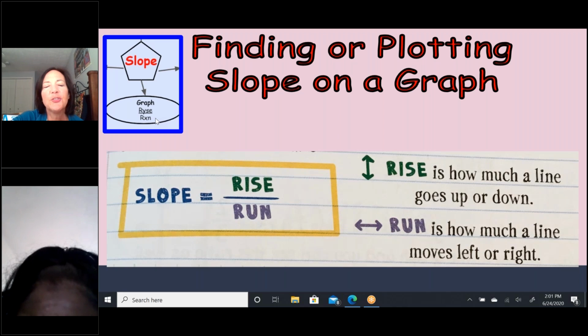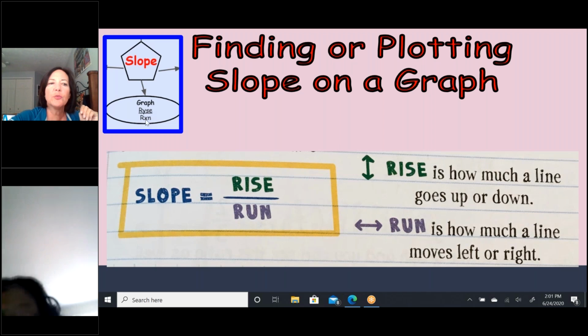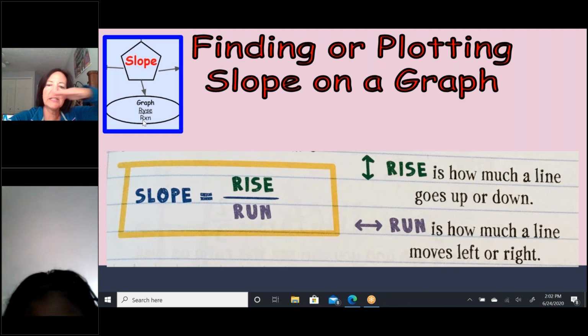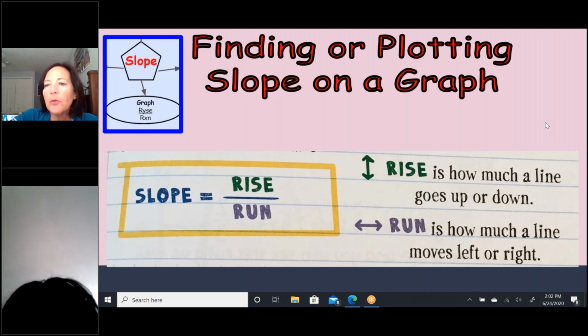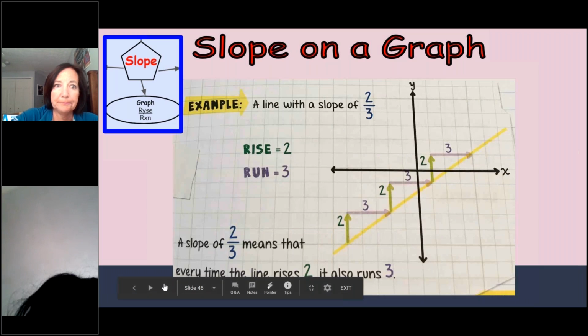I did that because a student a long time ago told me, Miss Scanello, I spelled rise and run this way to remind me that the rise means I'm looking at my y-axis, looking up and down, and the run reminds me that I'm looking side to side. I'm looking at my x-axis. So in order to find the slope, we just look at how much the line goes up and down and divide by how much it goes across. But let's look at an example of that.